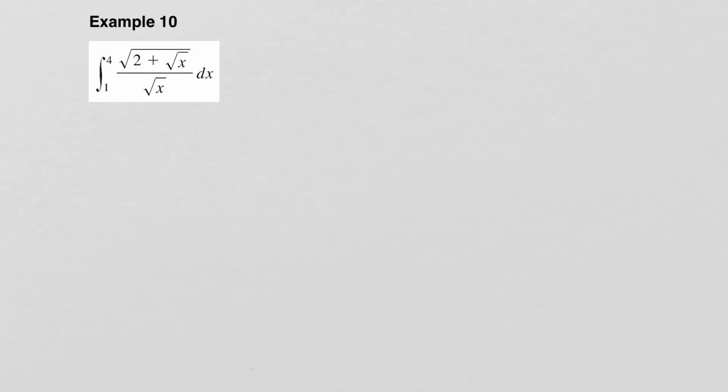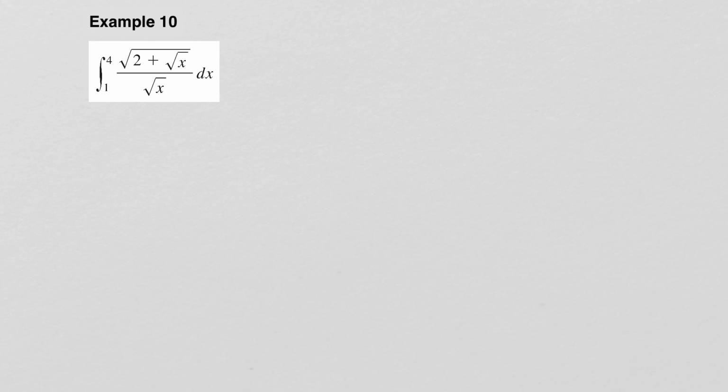Next example, very similar. Now, we have a pretty interesting function here. We have the square root of 2 plus the square root of x, and then divided by the square root of x. So what should we let u be equal to? Well, you can try anything, because if you're wrong, all you have to do is erase and start over.